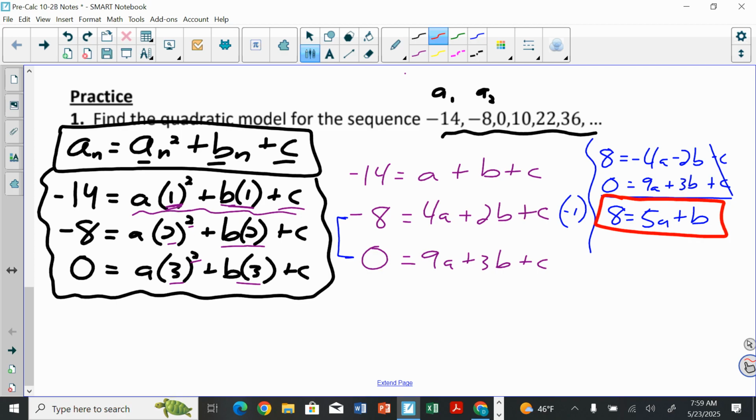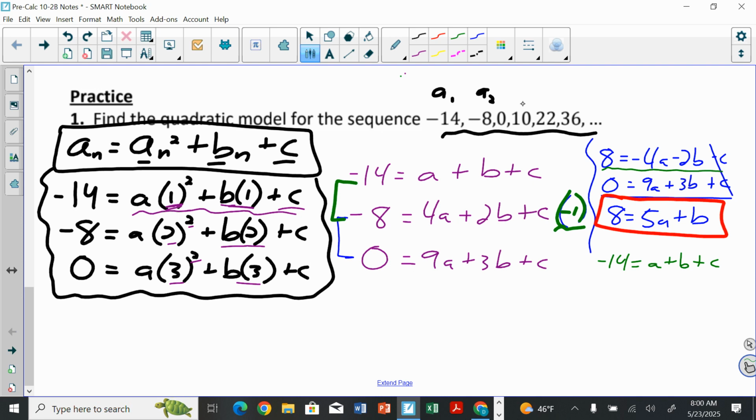I'll use that when I try to find the rest of the variables. So now I've eliminated that variable, we're all good, and I'm going to do the same thing, but let's do it in green with the first two equations. I'm just going to try to eliminate C again. I might as well keep the first equation the same, -14 equals a plus b plus c, and multiply the second equation by -1 again, because that'll eliminate C for me.